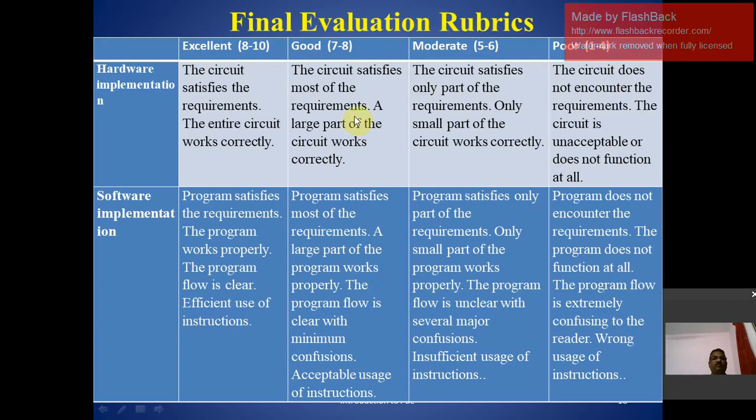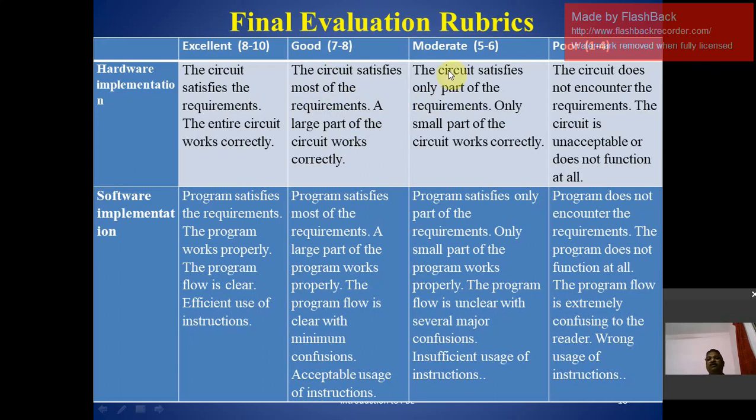In hardware functionality, in excellent, the circuit satisfies the requirements and the entire circuit works correctly. In good, the circuit satisfies most of the requirements and a large part of the circuit works correctly, meaning some part is not working, therefore it comes under good.